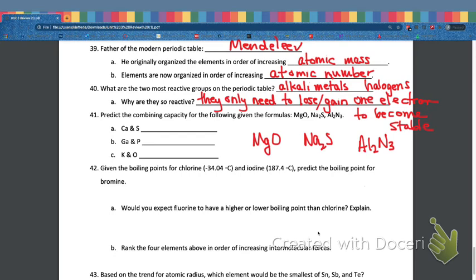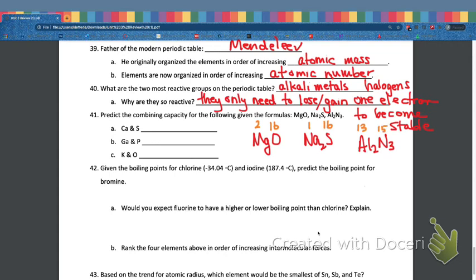So magnesium is in column 2. Oxygen is in column 16. Sodium, Na, is in column 1. Sulfur is in column 16. Aluminum is in column 13. And nitrogen is in column 15.